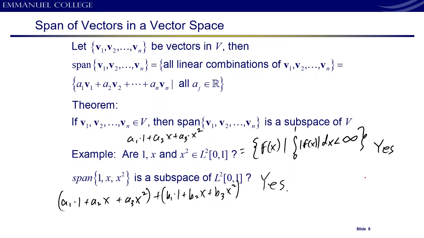And then, of course, if I had some constant c times this, then that still gives me a constant times 1 plus a constant times x plus a constant times x squared. So I still have something that's in that span. So the answer is still yes.